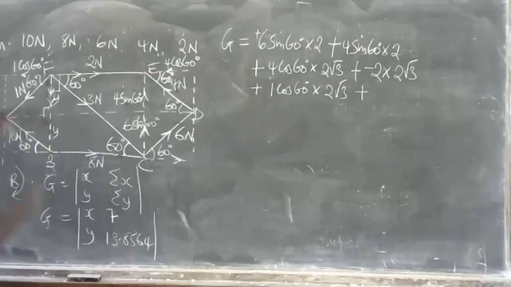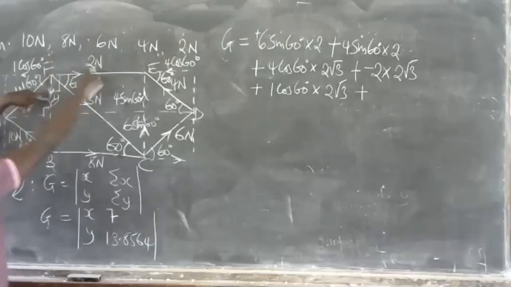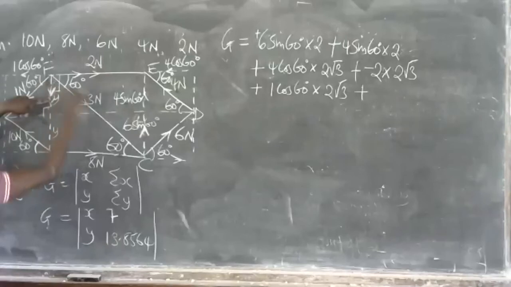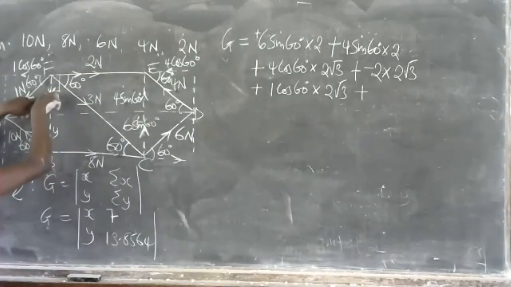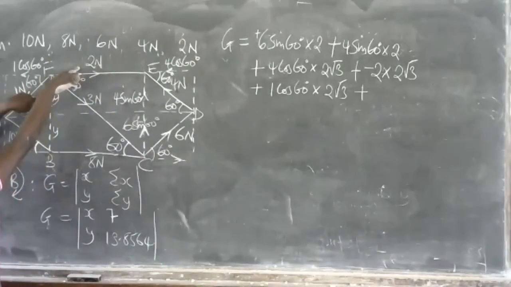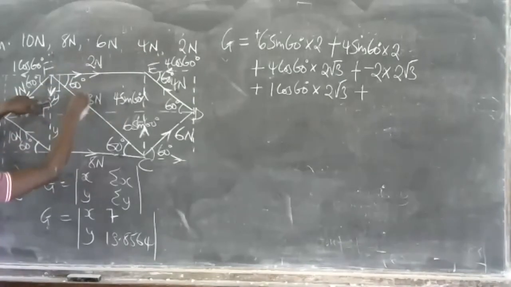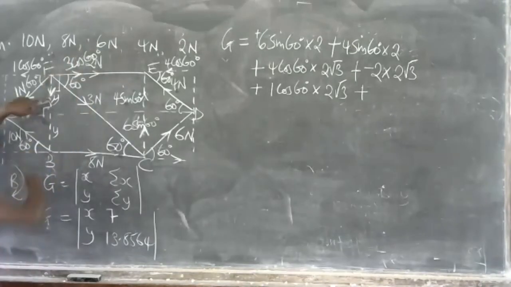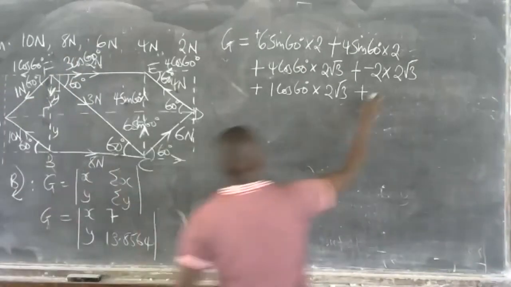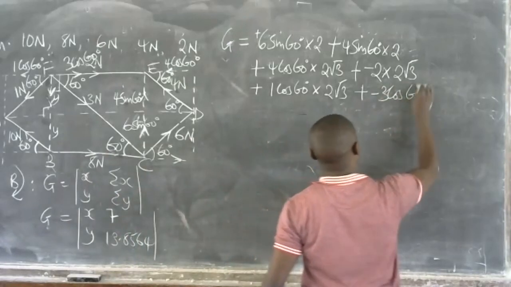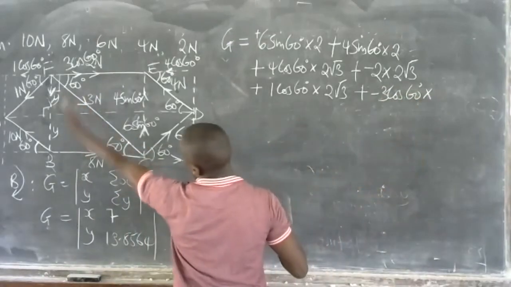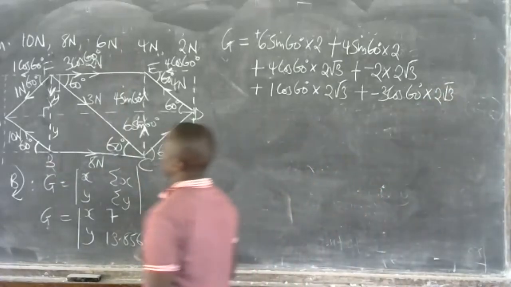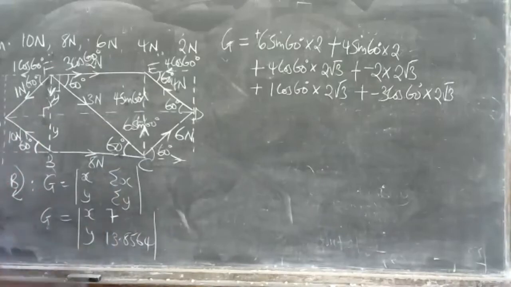This one has no moment, but this one has a moment. So the 3 Newton force will be 3 cos 60, which is clockwise. So this will be -3 cos 60 degrees times the perpendicular distance BF, which is again 2 root 3. Yeah, so the forces are done.